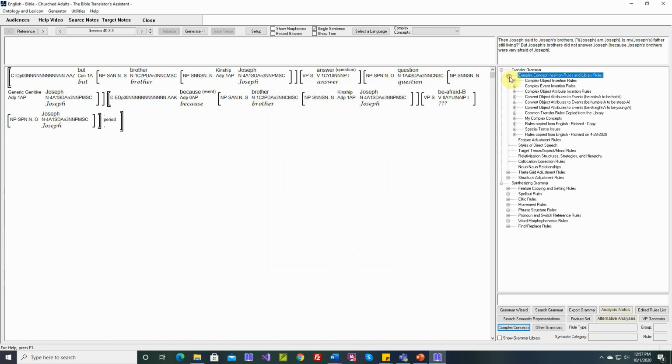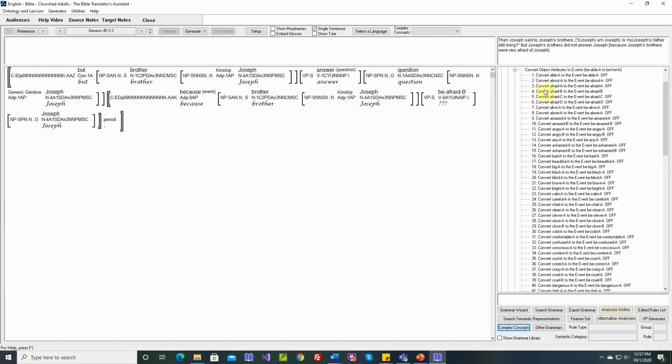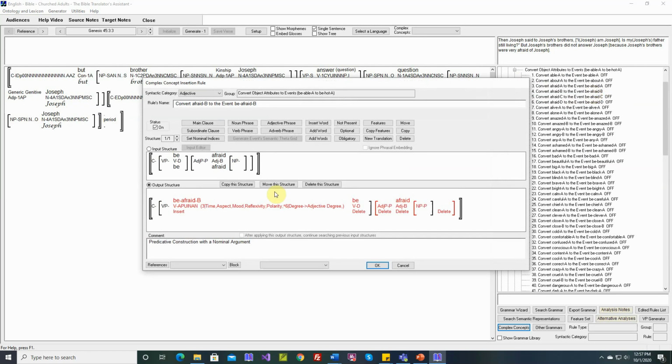First, it activates this rule, convert object attributes to events. So afraid be is now active, this rule for afraid be. And what this does is it deletes the adjective phrase containing afraid. The nominal argument is now moved out and it becomes a patient. And then this new concept, be afraid, is inserted into the text.